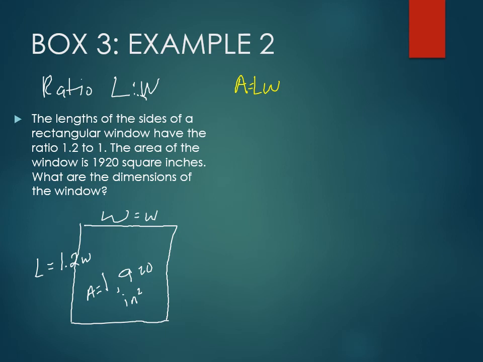Yes. Okay. So our area, we know what A is, and A is 1,920. Our length equals 1.2 W. And our width is just W.